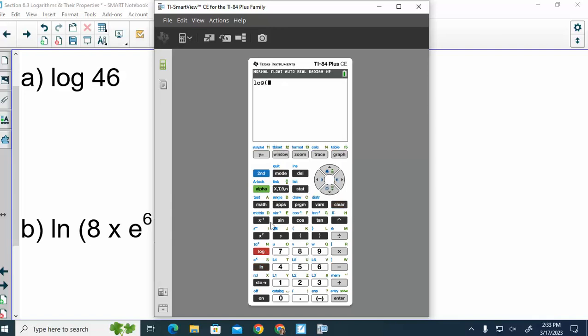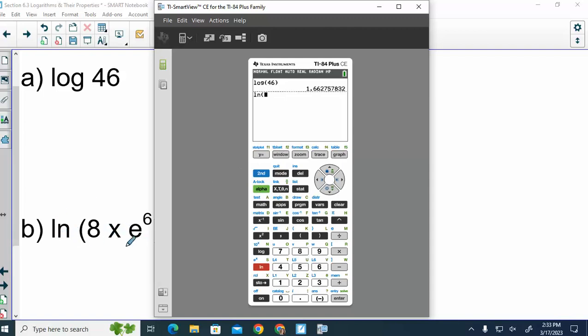Log is just base 10. So if I ask you to do log of 46, you push that log button, it opens your parentheses, you put your 46, and you get 1.6628. Natural log is actually a log base e, and we will talk more about that later, but right now I just want to make sure you know how to plug it in.